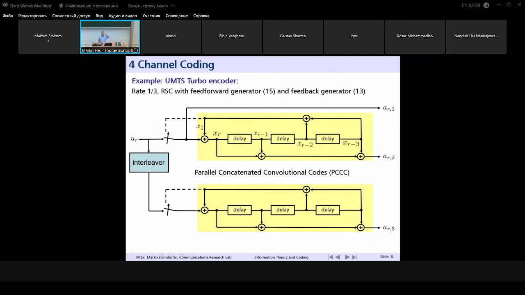We decode the bit here from a_r2, and we have a second decoder decoding the bit a_r3 with statistically independent information, and we will use the information that decoder 1 generates as a priori information for decoder 2, which will decode this independently. And thereby we can basically increase the information by iterating between these 2 decoders.